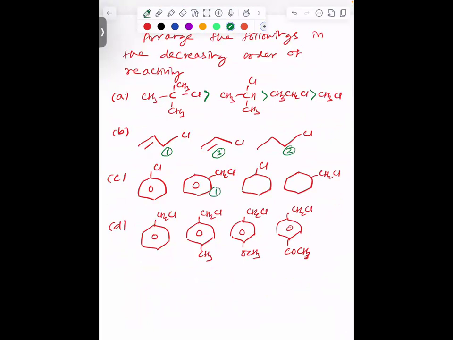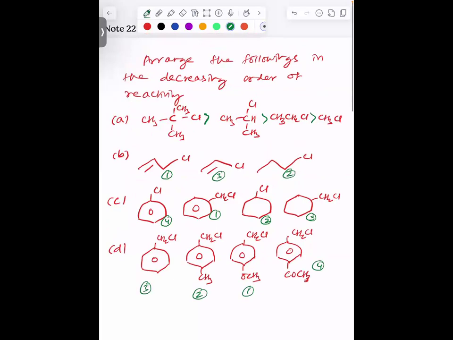One, decreasing order, right? First, compare with your answer, whatever answer you got, then we'll discuss it again. Just take 1 minute. Compare with your answer, then we will discuss.